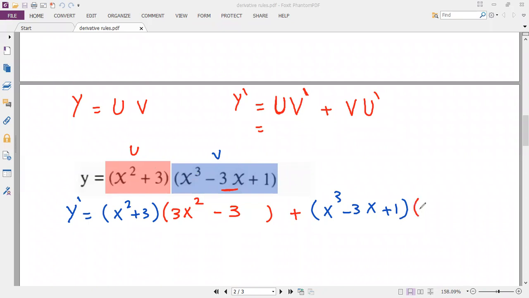And the derivative of the first function is going to be 2x, because it's x squared. So the derivative of x squared is going to be 2x, and the derivative of 3 is 0. Then tidy it up by multiplying, if you want to simplify it, or you can leave it, and that is the first derivative of this function.